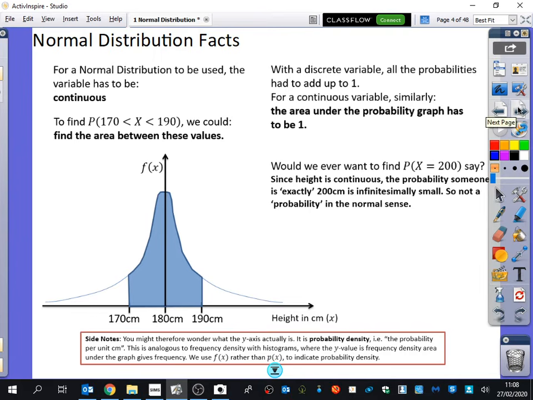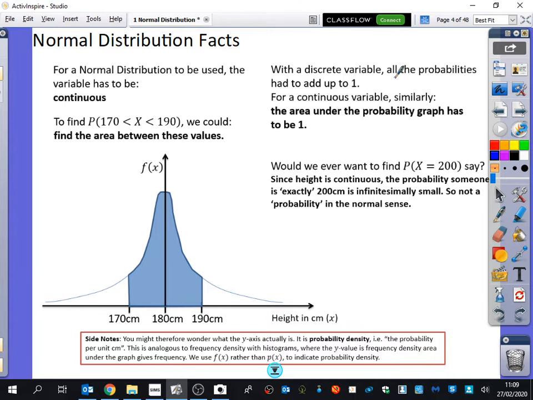So some facts about the normal distribution. For a normal distribution to be used, the variable has to be continuous, okay? It has to be something that is continuous, which is why we've talked so far about height, why we've talked about weight, why we've talked about the amount of time that something would take. With a discrete variable, all of the probabilities had to add up to 1, okay?